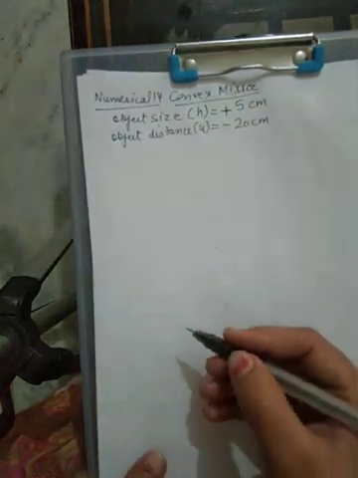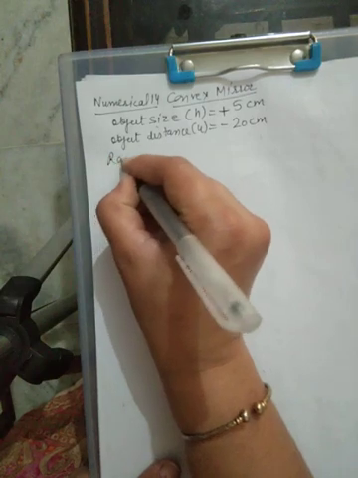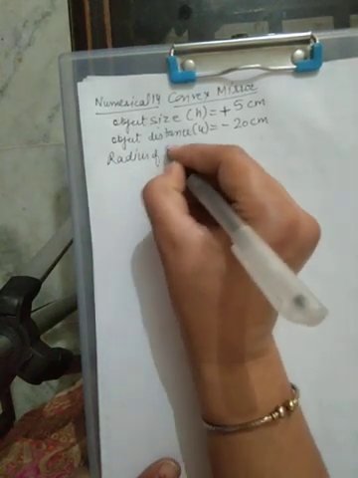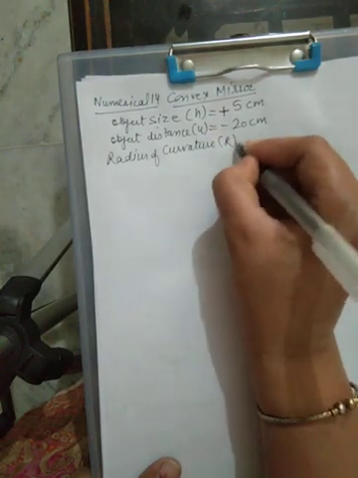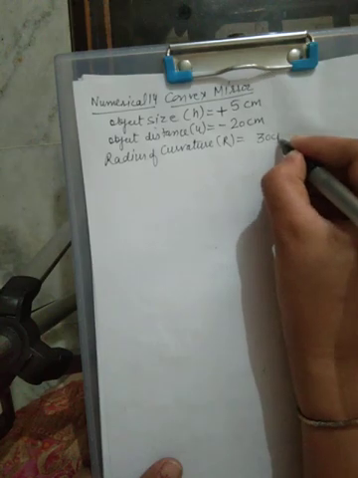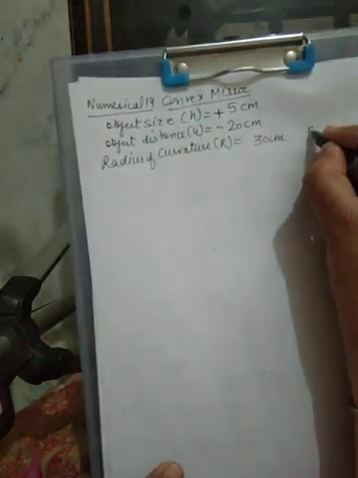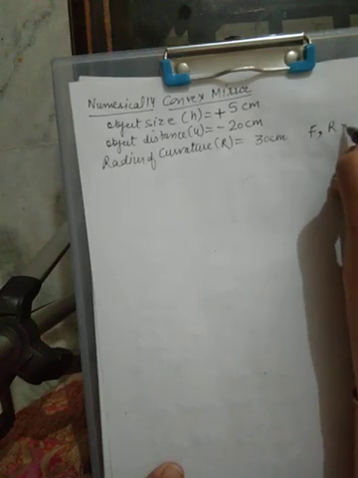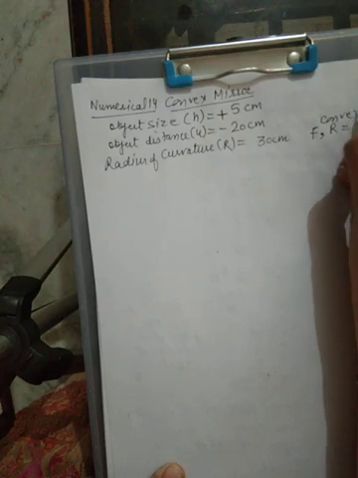Not focal length, here radius of curvature is given. So radius of curvature, that is denoted by a symbol capital R, and capital R is 30 centimeter. Okay, for convex, F and R both are positive because mirror is convex.